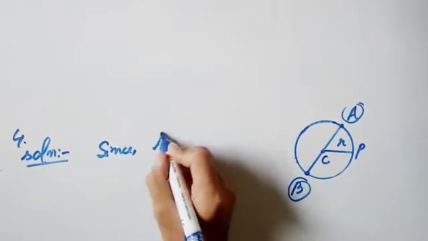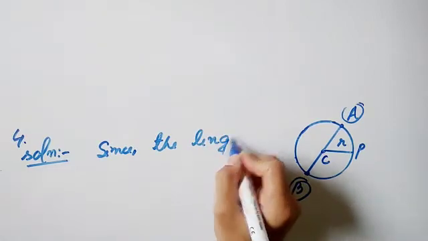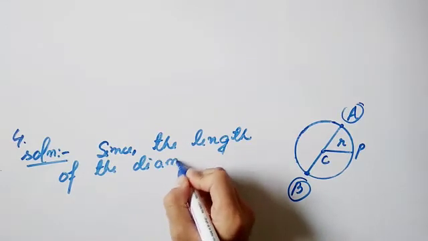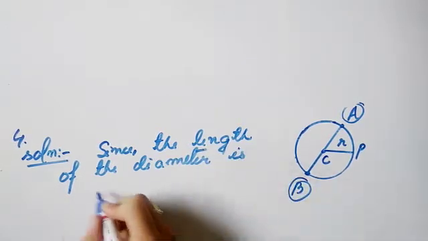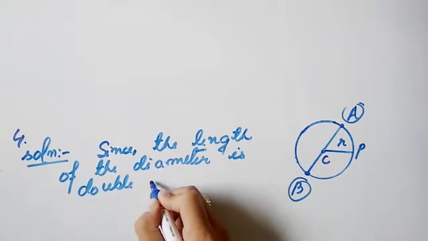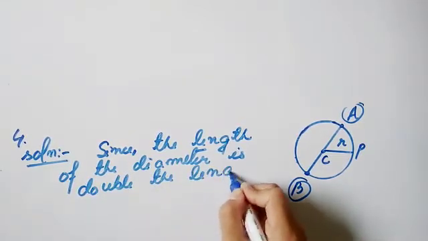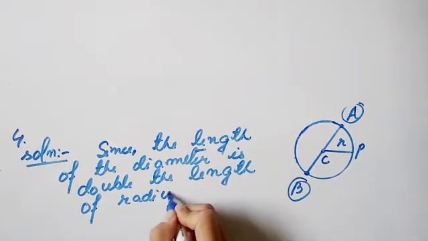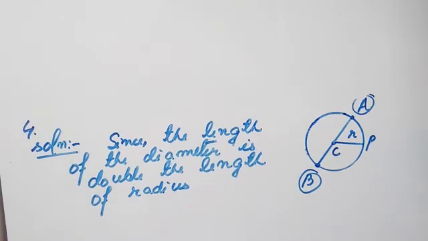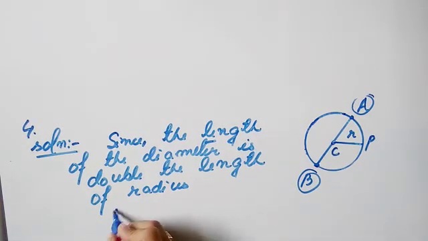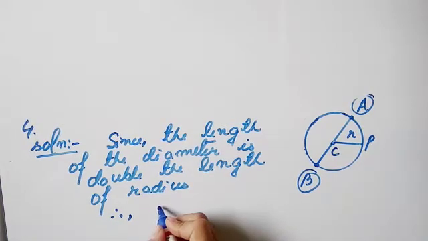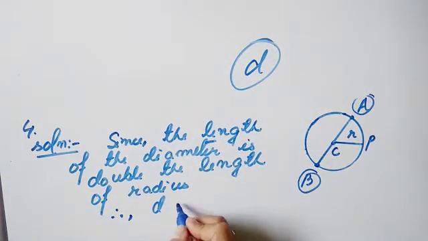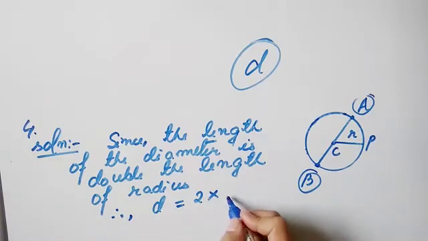Since the length of the diameter is double the length of the radius, therefore the diameter, which in this question is denoted by the variable D, will be given by 2 times the radius.